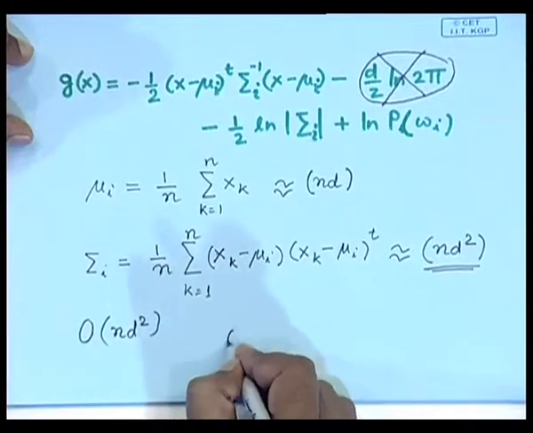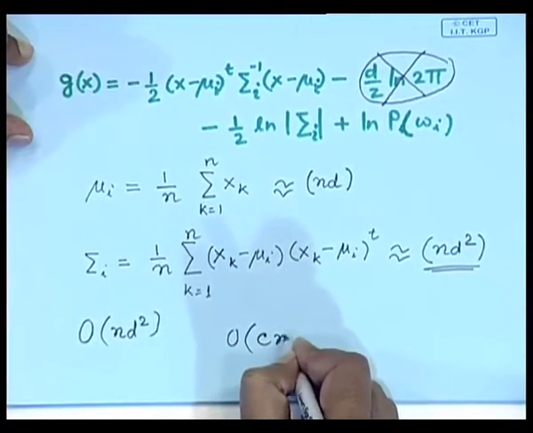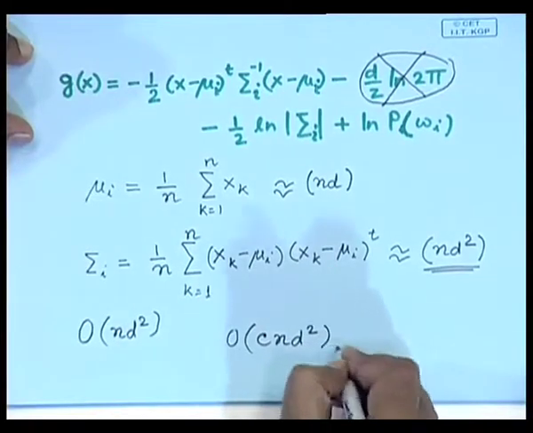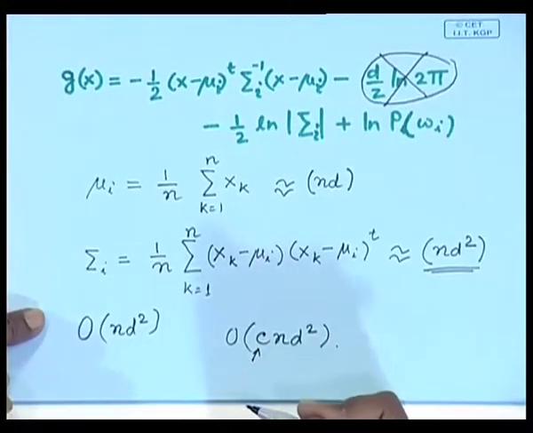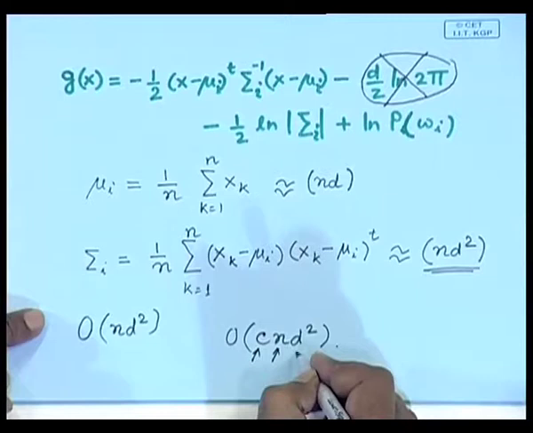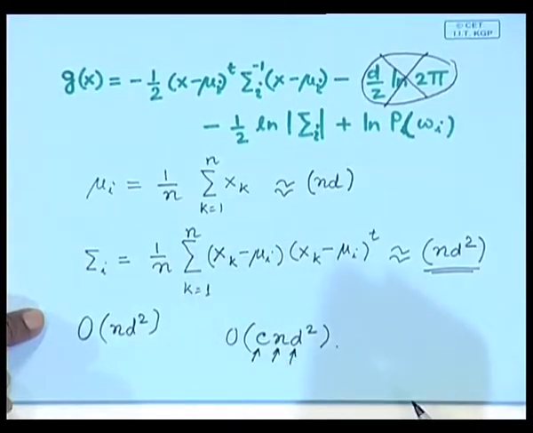For every class I have a computational complexity of n into d square, so for C classes the total computational complexity will be of order C into n into d square. Here you find that the computational complexity is linear in terms of C, the number of classes, linear in terms of n, the number of samples in the class, but quadratic, or square, in terms of the dimensionality.